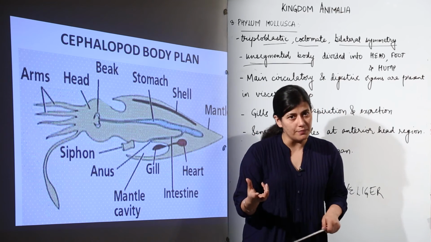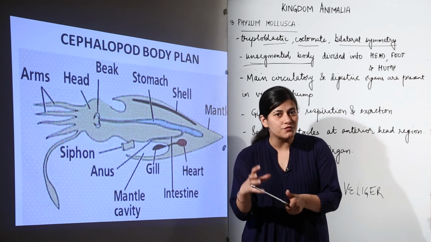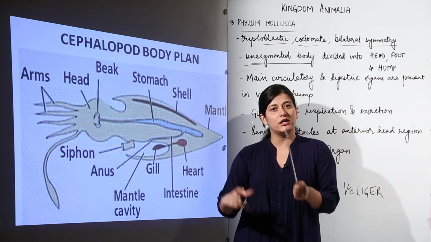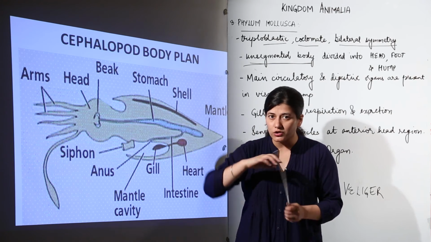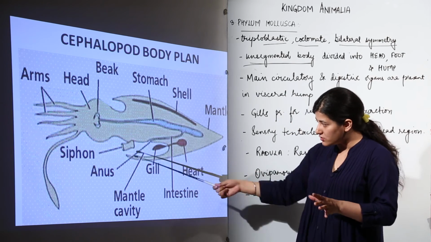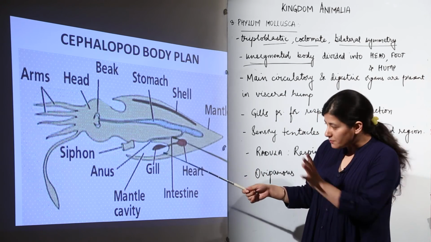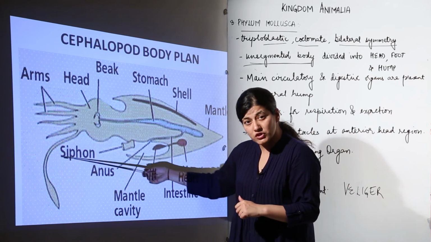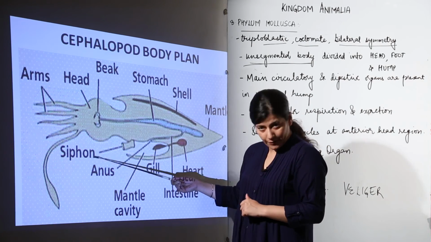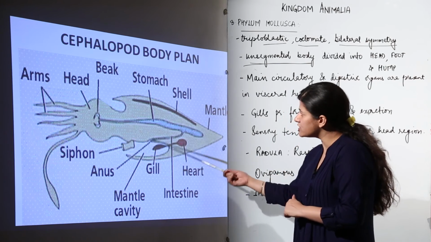Gastropods are the best form to represent a typical mollusk, only they have undergone torsion. In cephalopods the body plan is totally different, torsion has not taken place, but instead there are arms which have developed near the head. The rest of the structure is somewhat similar.